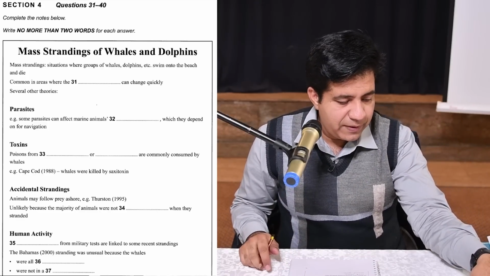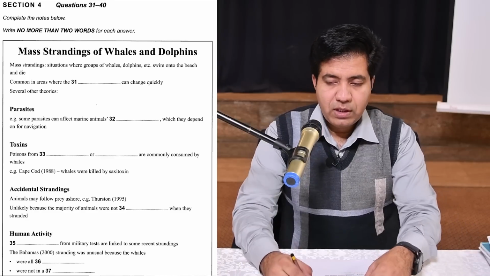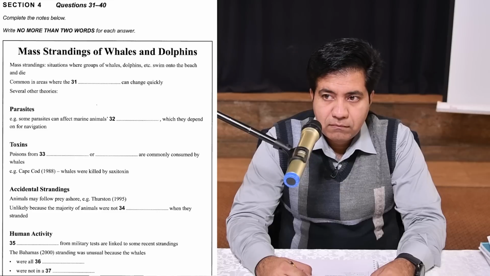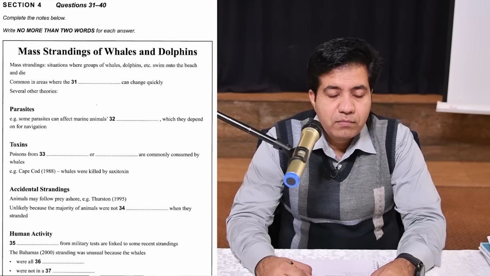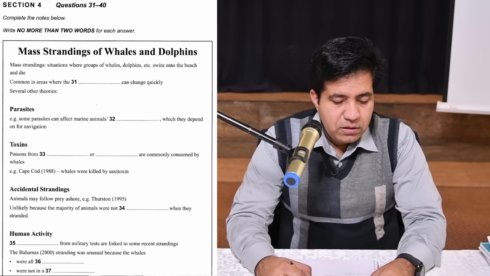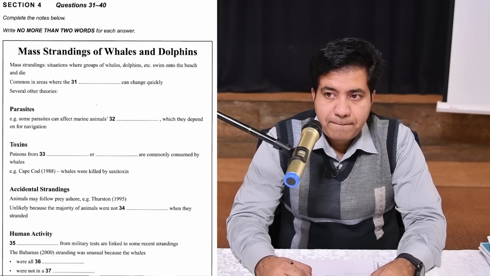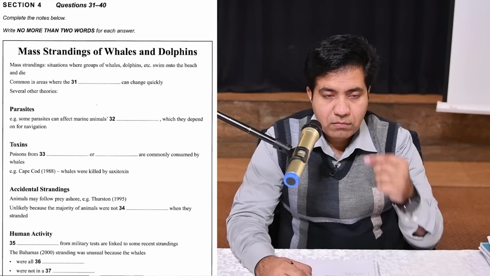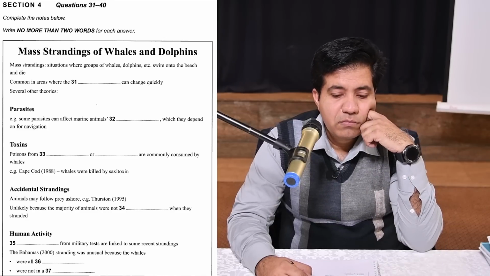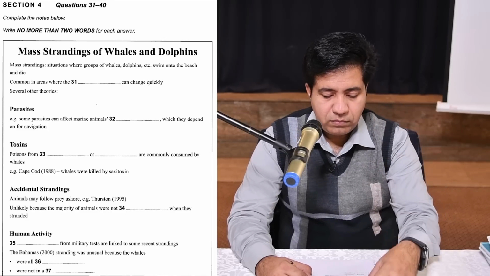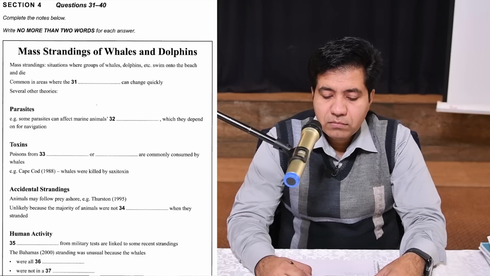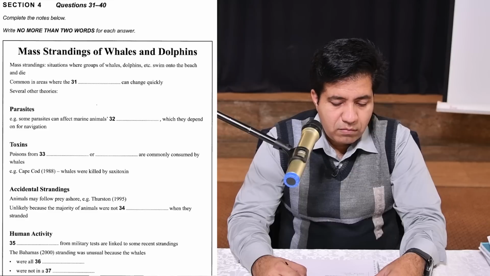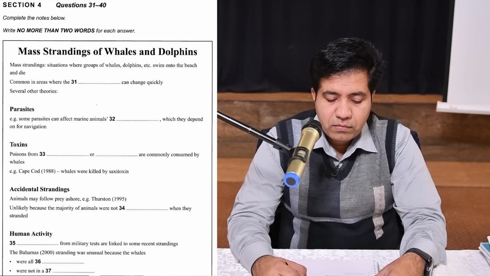Let's do this together. You will hear part of a lecture about a problem related to the behavior of certain sea creatures. Good afternoon, everyone. Well, with some of you about to go out on field work, it's timely that in this afternoon's session I'll be sharing some ideas about the reasons why groups of whales and dolphins sometimes swim ashore from the sea right onto the beach and, most often, die in what are known as mass strandings.